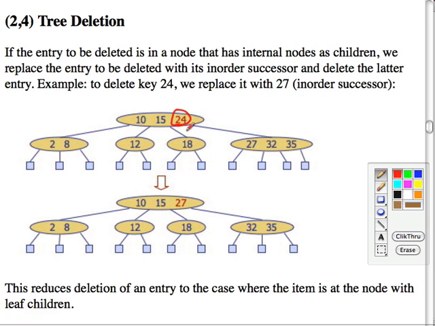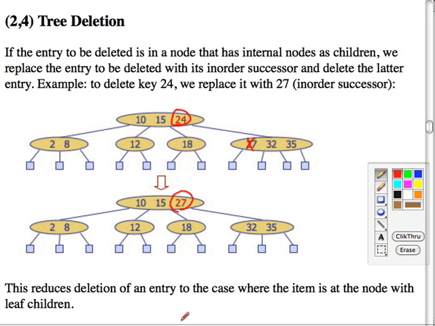But here we have these nodes with multiple keys, and we have the fact that the leaves are always these empty things. But we still have this idea that we replace the key with the successor. So here we've taken the 27 out of here, and we've put it up here, and we've reduced the size of the node that the 27 was in. Instead of a 4 node, 3 keys, 4 children, we now have a 3 node, 2 keys, 3 children.